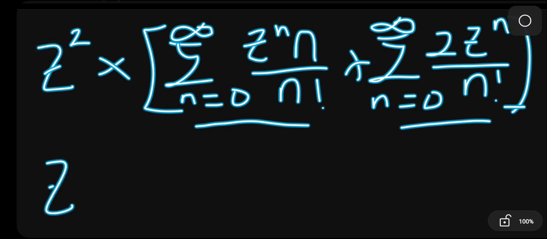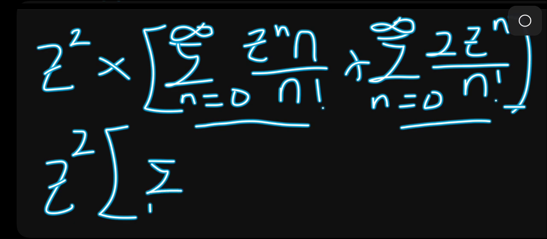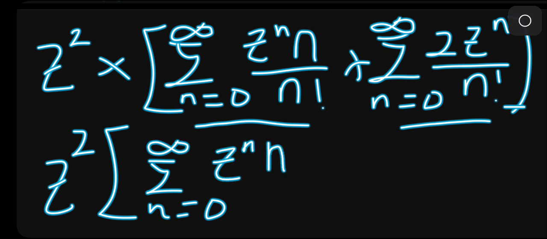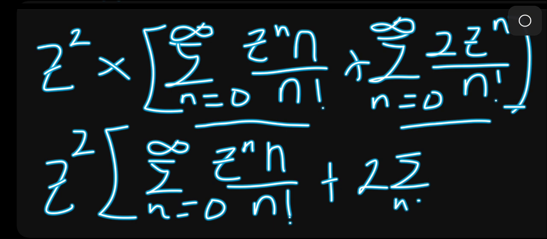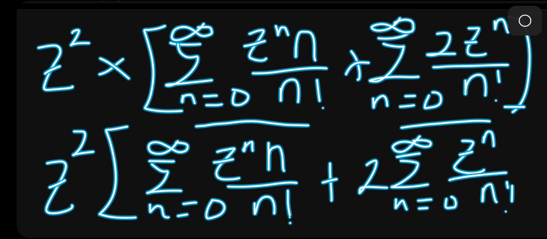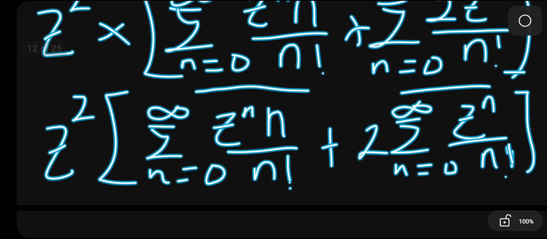So first of all, let me rewrite it again. The sum from n equals 0 all the way to infinite n z power n divided by n factorial plus 2 times the sum of n equals 0 all the way to infinite z power n on n factorial. So from here we can clearly see that this is from equation 1 and this is from equation 2.